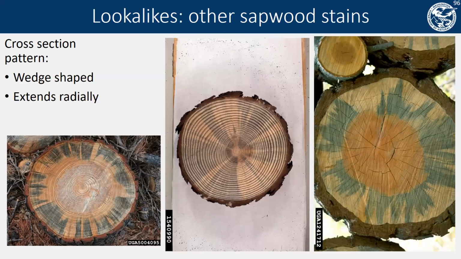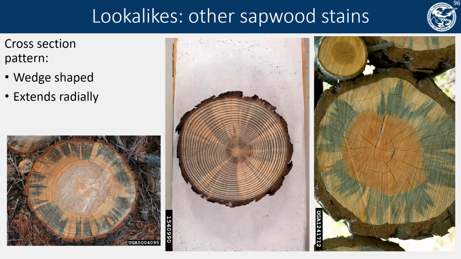So this is not black stain in these pictures. These are other secondary stains, often referred to as blue stains, that only impact deadwood. So this is not a pathogen. This is just a stain that occurs on dead trees, though it does impact sometimes what you can do with this wood, as lots of people don't like the blue stain coloration on wood that they buy.